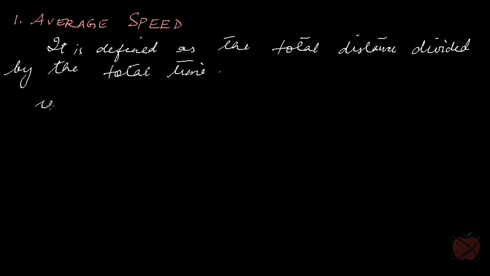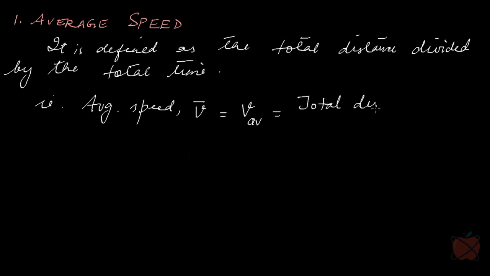So that is average speed. This is denoted by V with a bar sign, or I can write V average. So this will be total distance divided by the total time.